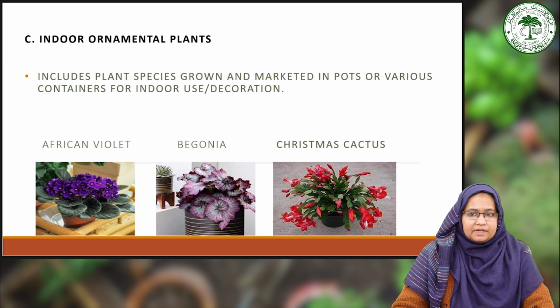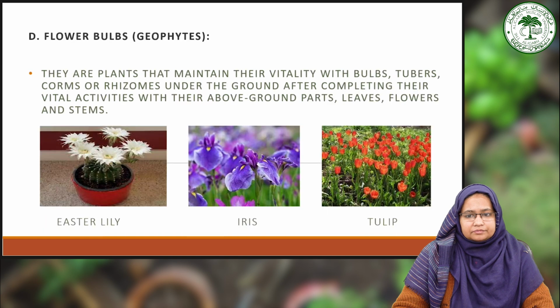Indoor ornamental plants are those species which are grown and marketed in pots or various containers for indoor use and decoration, like African violet, begonia and cactus. These are some common examples of indoor ornamental plants. The next is flower bulbs or geophytes.